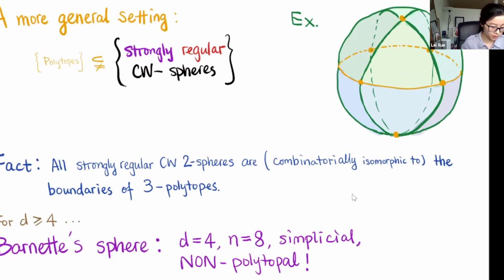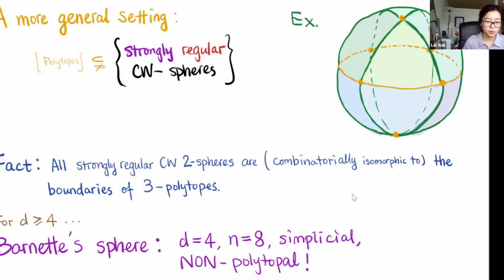One of the famous examples that we have is Barnette's sphere. It has d equals 4, so the sphere would be of dimension 3. It has 8 vertices. It's even simplicial, but it's not polytopal. That means it's not the boundary of a 4-polytope.